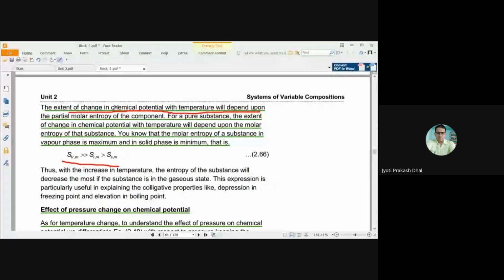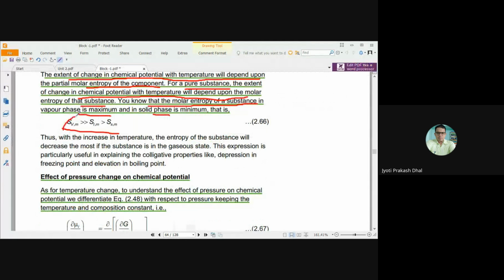Now for a pure substance, the extent of change in chemical potential with temperature will depend upon the molar entropy of the substance. You know that the molar entropy of a substance in the vapor phase is maximum and in the solid phase is minimum.